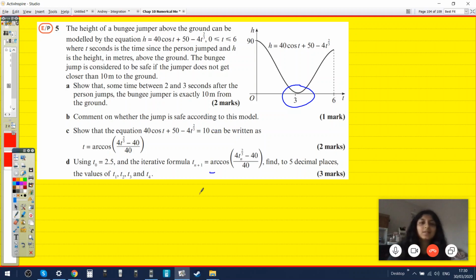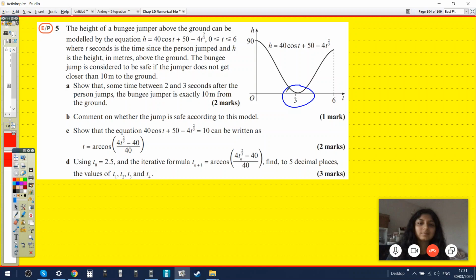Prove it. Because you know the first bit says between 2 and 3 seconds the bungee jumper is exactly 10 meters. So between 2 and 3 seconds, if that's exactly 10 meters, then the bit after 3 is literally near the ground. Show that sometime between 2 and 3 seconds after the person jumps, the bungee jumper is exactly 10 from the ground.